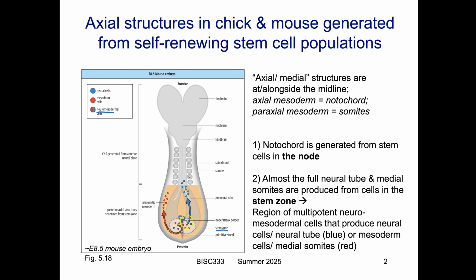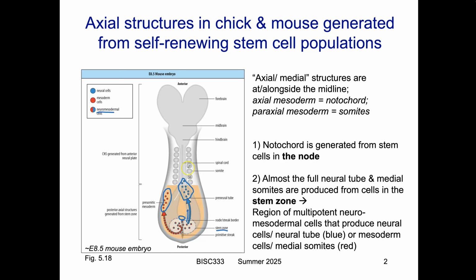As the cells then move out of the stem zone, they begin to be specified and then determined and so on. And you will get neural tube cells, pre-neural tube cells that are present closer to the midline, and then the pre-somitic mesoderm, which is more towards the outer area. So the stem cell region has a mixture of the two types of cells, but then they differentiate one way or the other, and they wind up in different locations depending on their position.